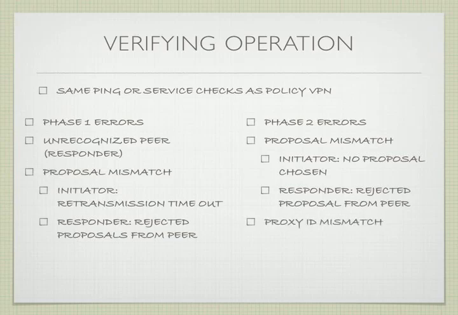Proxy ID mismatch. We talked about this previously. Now the proxy ID is going to come from the configuration on the AutoKey IKE, the phase 2 object. You're going to leave that blank and send 0.0.0.0/0 on both sides, so they should match.